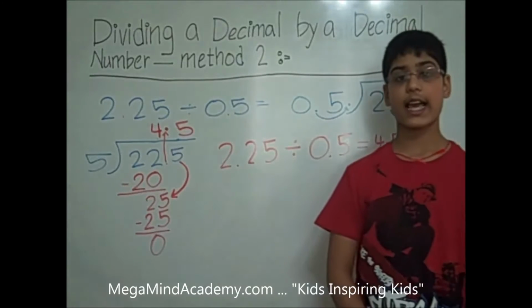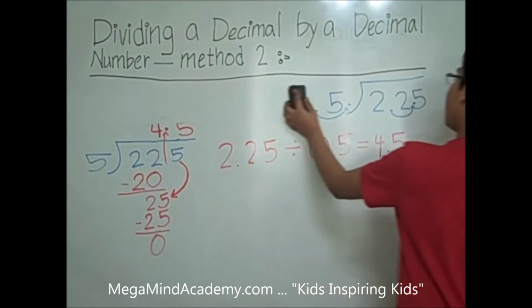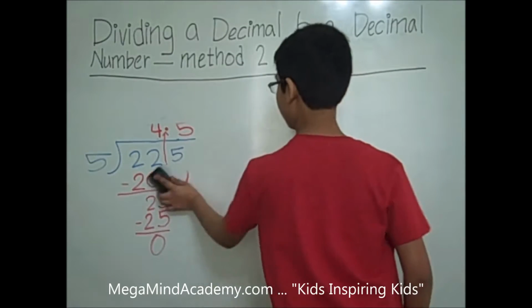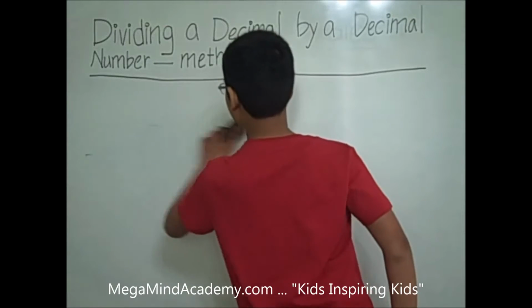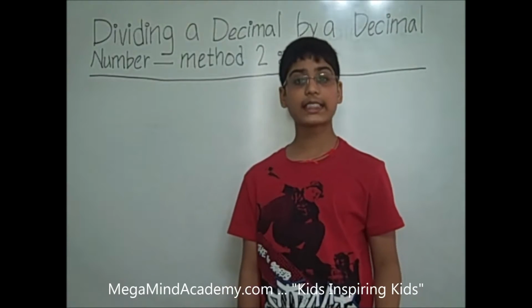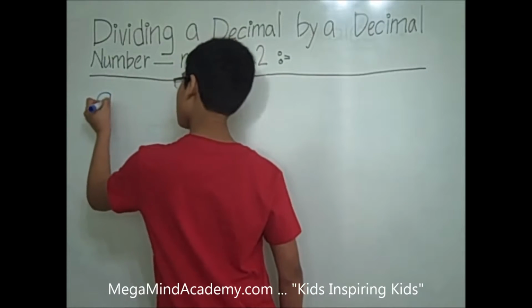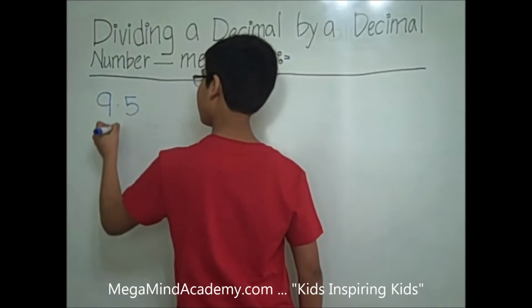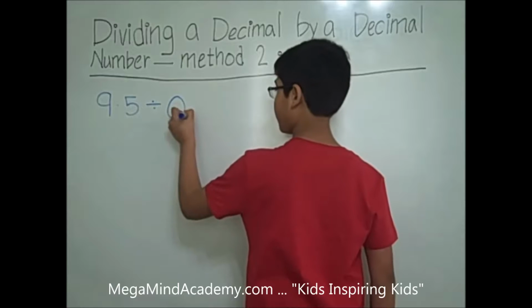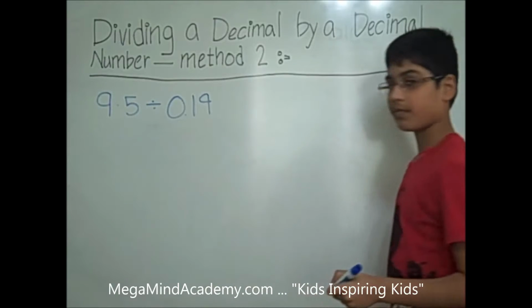Now, let's look at another example. Let's say we have 9.5 divided by 0.19 is equal to.